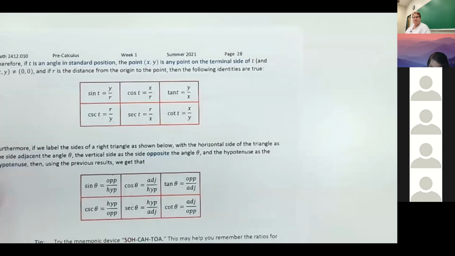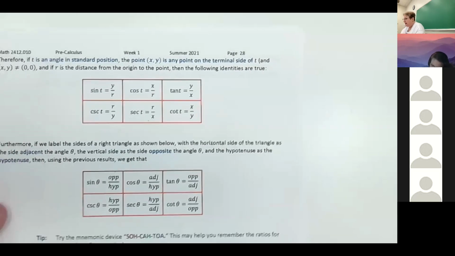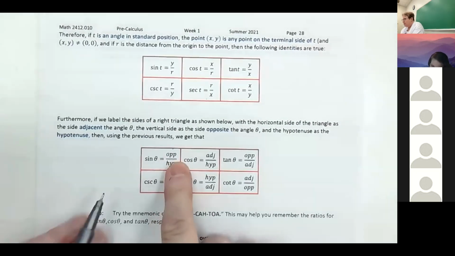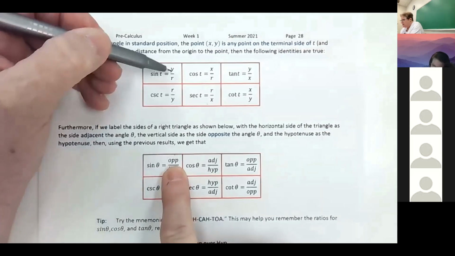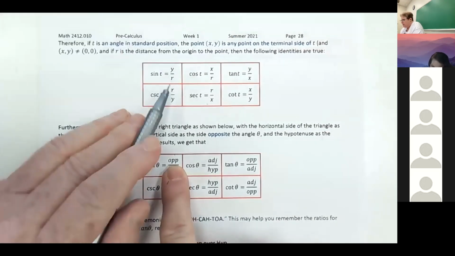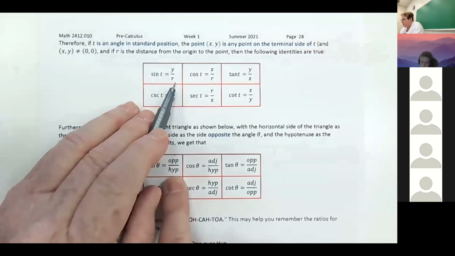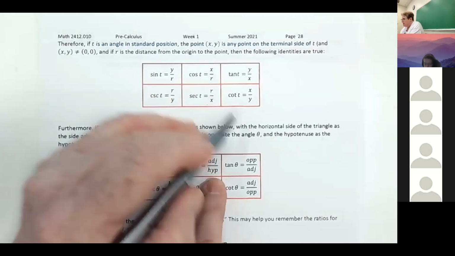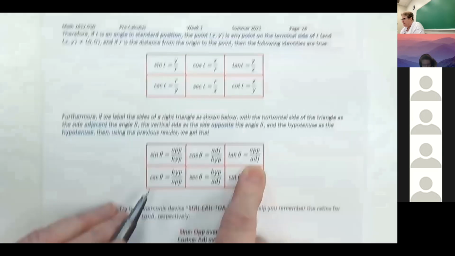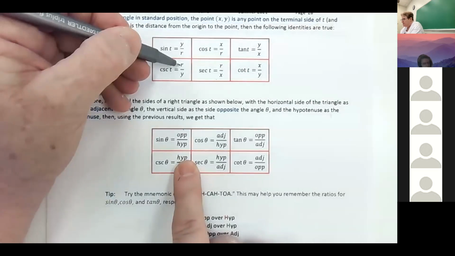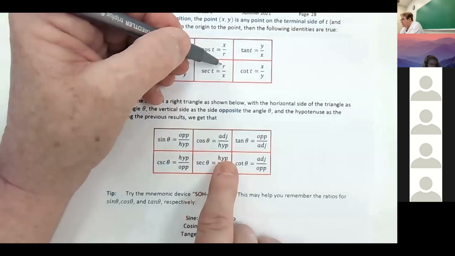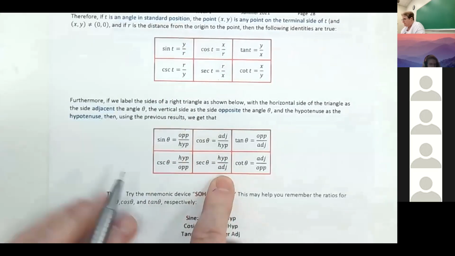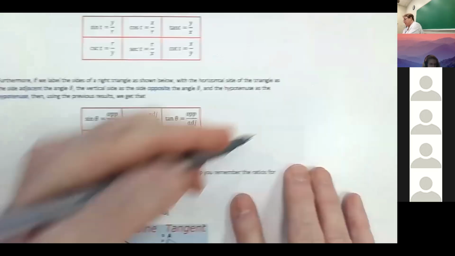And all of these are connected with the words: opposite is going to go with y. Hypotenuse will go with r. Adjacent will go with x. Hypotenuse, opposite, adjacent.